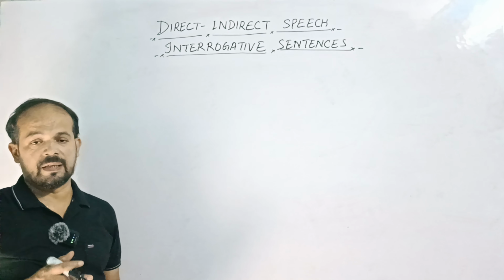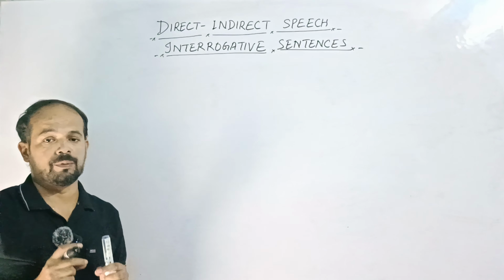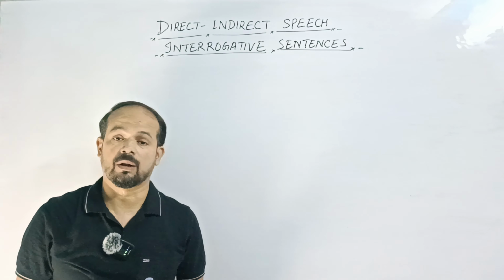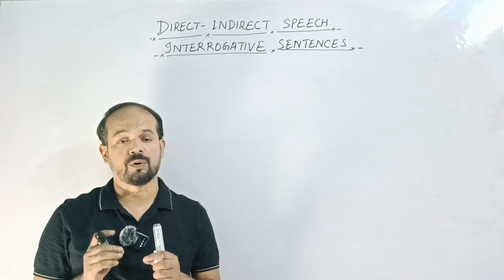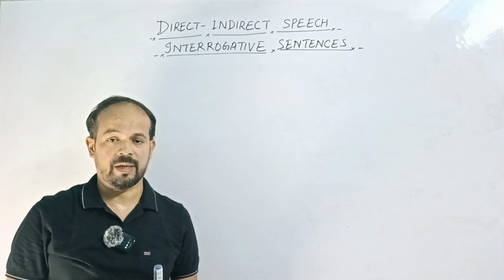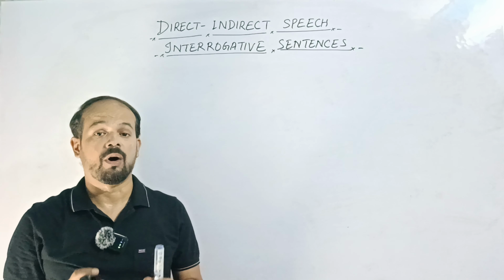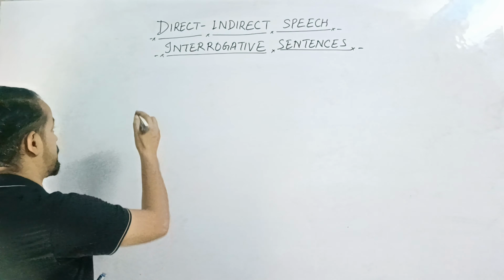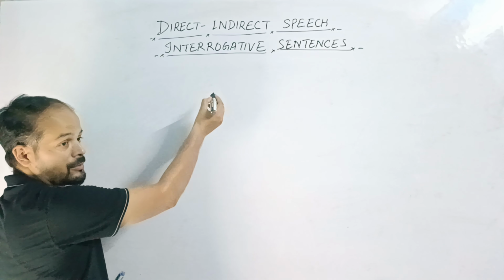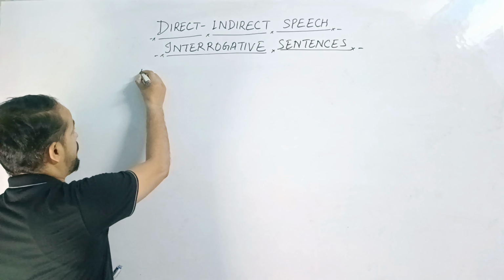Now we discuss the other type of questions, that is starting with the helping verb or the modal auxiliary. They are also called yes or no answer questions. The answers to these questions can be given either in yes or no. I write down some sentences here.